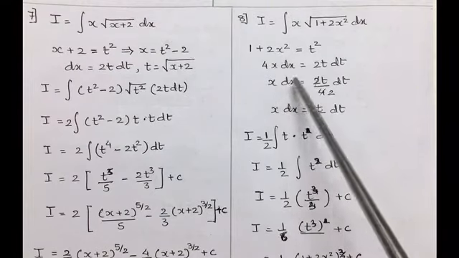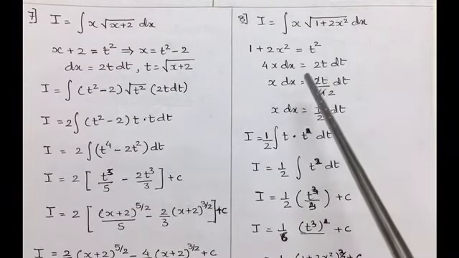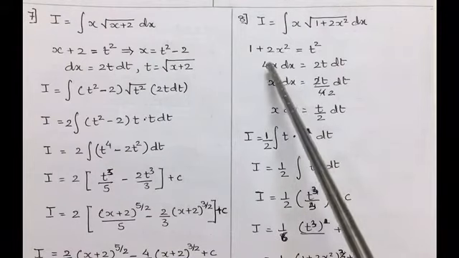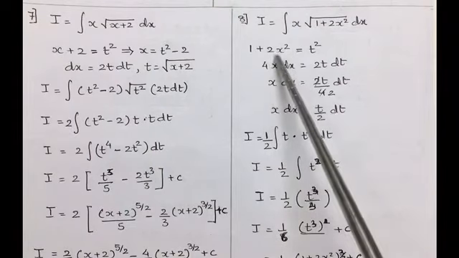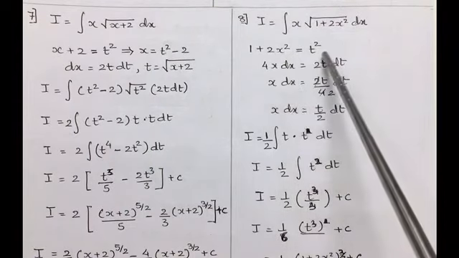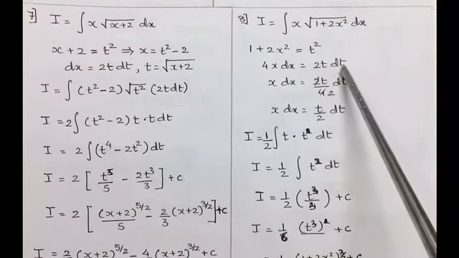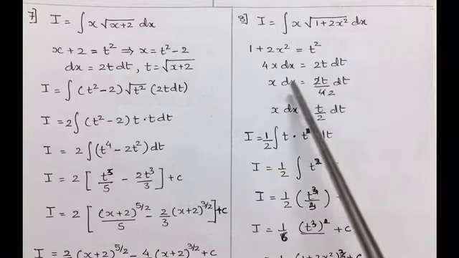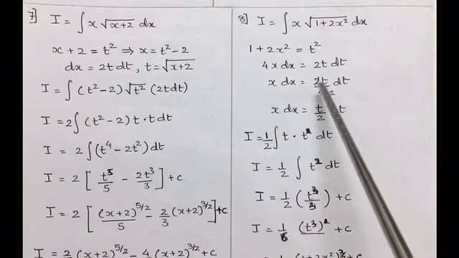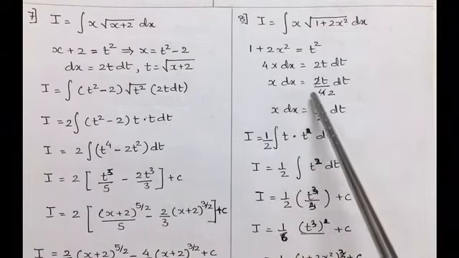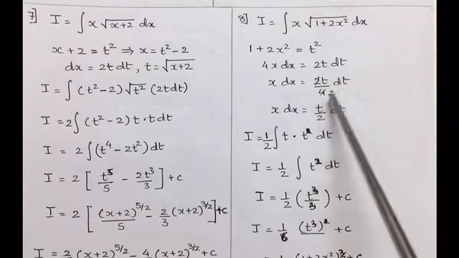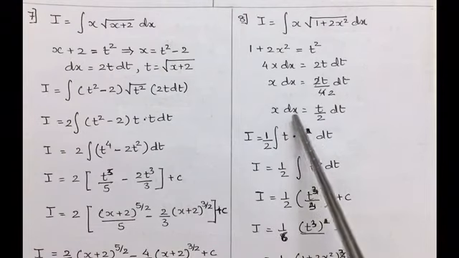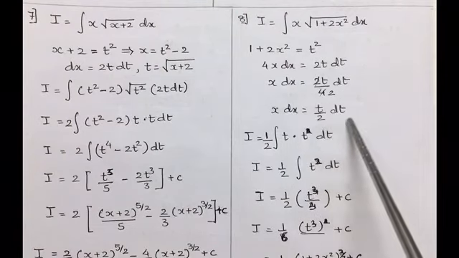After differentiation, it will give us the derivative of 2x square will be 4x dx, and on the other side it will become 2t dt, the derivative of t square. Shifting 4 to the other side, because it is a constant, we get x dx is equal to 2t upon 4 dt. Cancellation gives us 2. So we get here x dx is equal to t upon 2 dt.